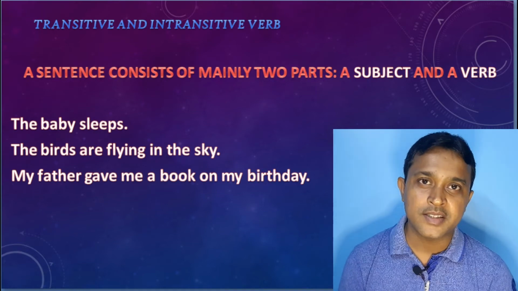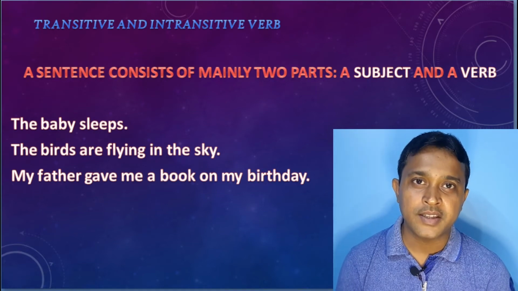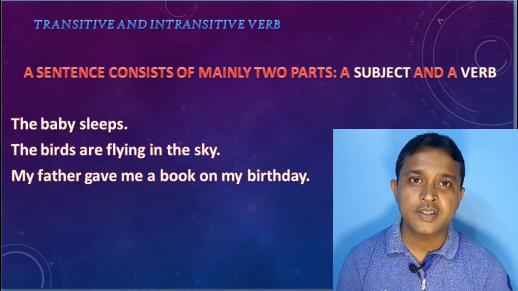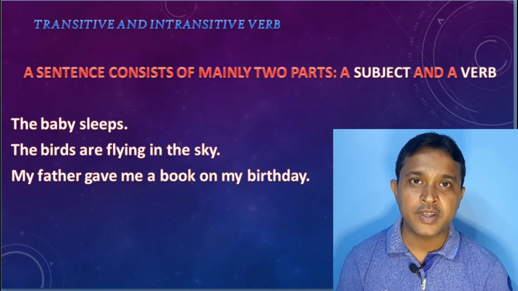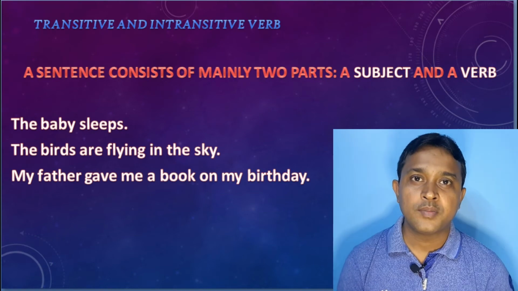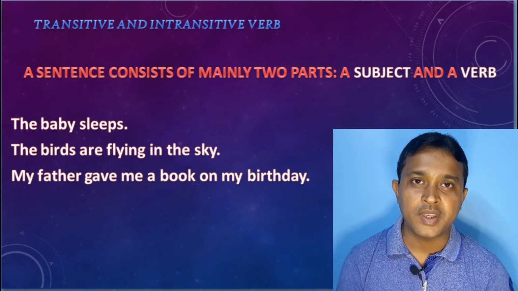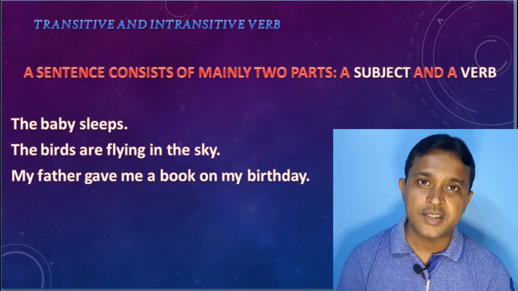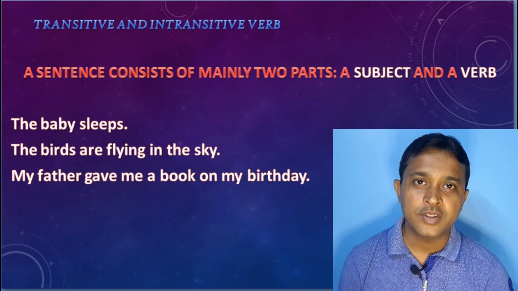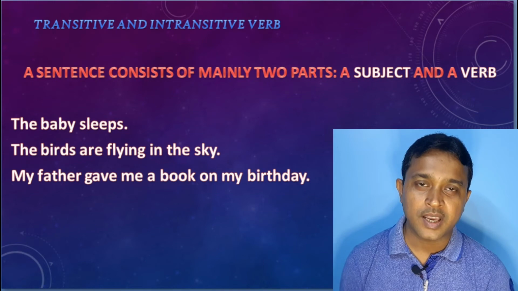In this sentence, in the sky expresses a little more information, and that is why it is a complement. My father gave me a book on my birthday. In this sentence, both objects and complements are present.